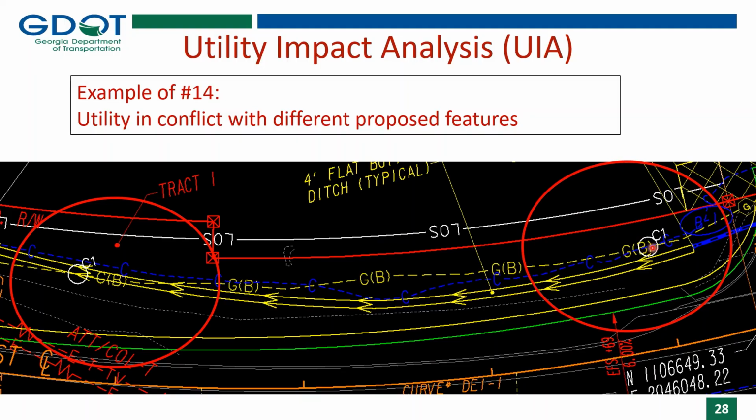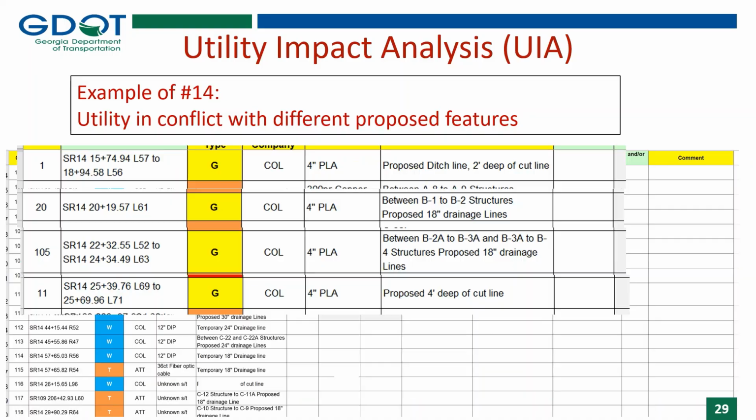So in the UIA, for conflict number 1, we have the station range, 15 plus 74, left 57 feet, to 18 plus 94, left 56 feet.